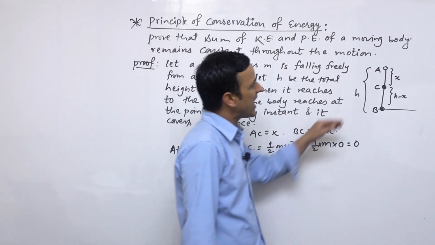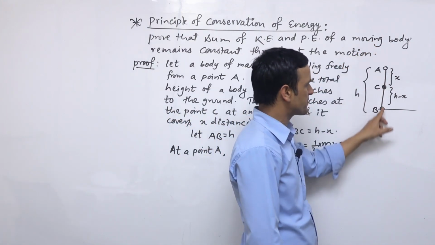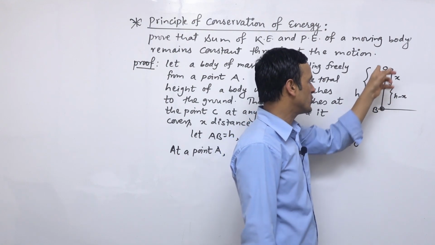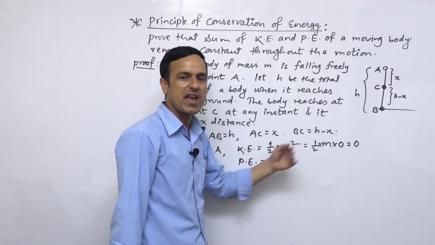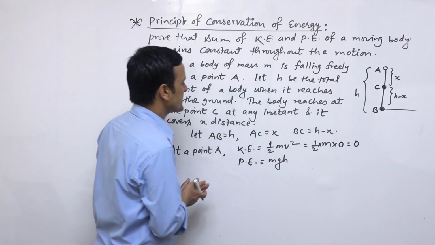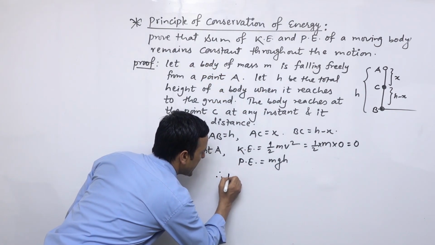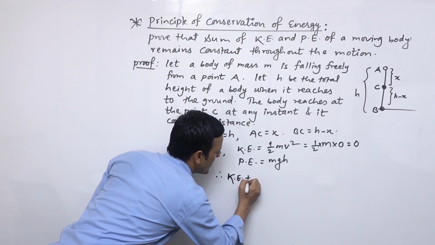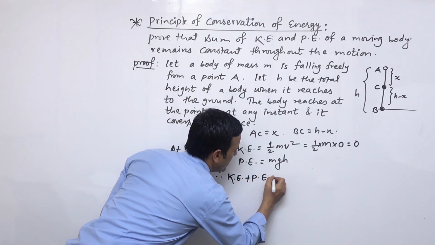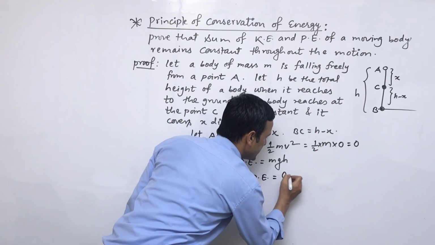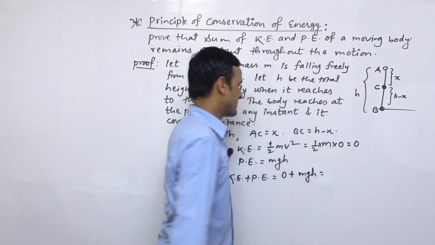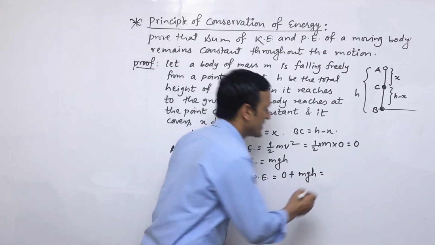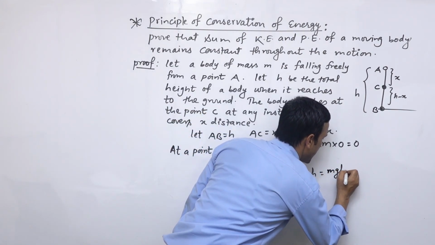So this h is the height of that particle from the ground, so it is mgh. Now we can write KE plus PE, where KE is 0 and PE is mgh. So the total sum is mgh.